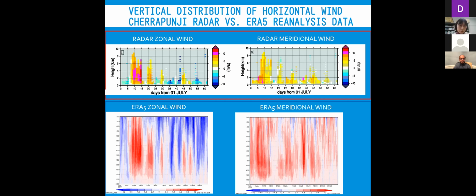But unfortunately, it can observe only the precipitating period. And we can check the synoptic condition during the analysis period. During the 2 months, the southerly wind is dominant throughout the whole period.